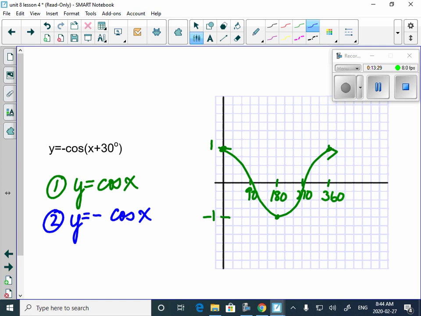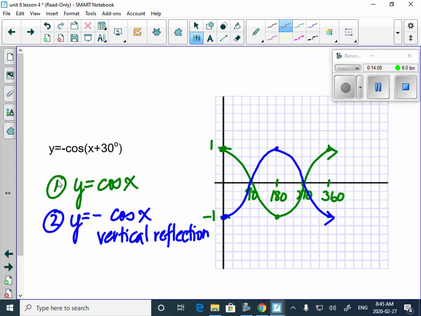It is a vertical reflection. A vertical reflection means the ups go down and the downs go up. So instead of starting at the maximum, I'm going to start at the minimum. Instead of going down, I'm going to go up to my maximum in the middle and my minimum back at the 360 mark. As smoothly, so not jagged like saw teeth, but smoothly, I go from minimum to minimum in 360 degrees.